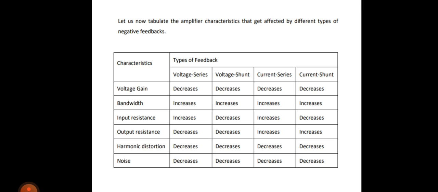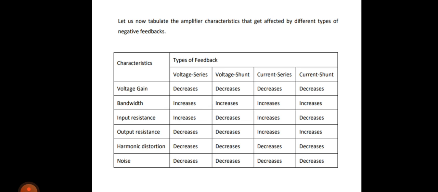Output resistance decreases in voltage series, decreases in voltage shunt, increases in current series, increases in current shunt. In the same way, input resistance increases in voltage series, decreases in voltage shunt, increases in current series, decreases in current shunt. Harmonic distortion decreases in all the configurations, and noise decreases in all the configurations.